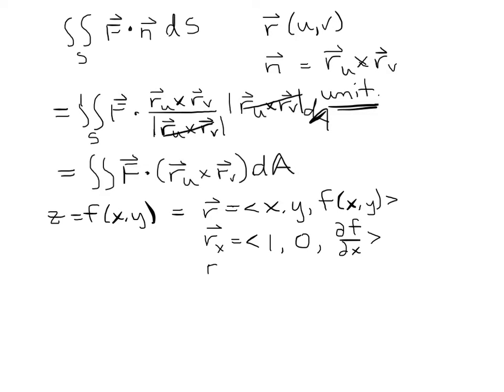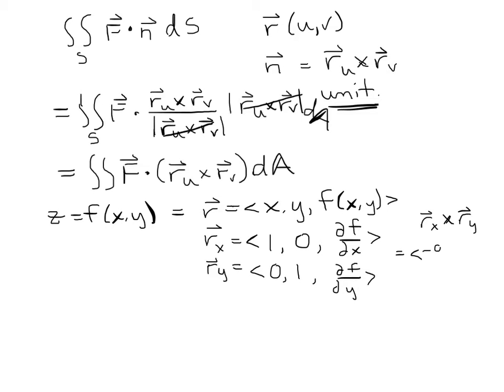If I take the partial with respect to y, I would get 0, 1, and then we would have to take the partial of f with respect to y. Now if I cross these two, r sub x cross r sub y, for the x component I get 0 minus the partial of f with respect to x.